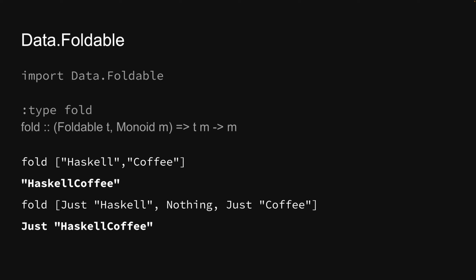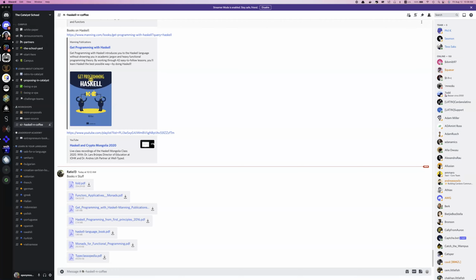Here we see that we've turned that Haskell coffee into a Maybe itself, using fold with a list of Maybe types inside of it. So that could be helpful. Say you got a bunch of Maybes and you want to combine all the values of those Maybes, but you don't know how to do it. You might have, let's see, oops.